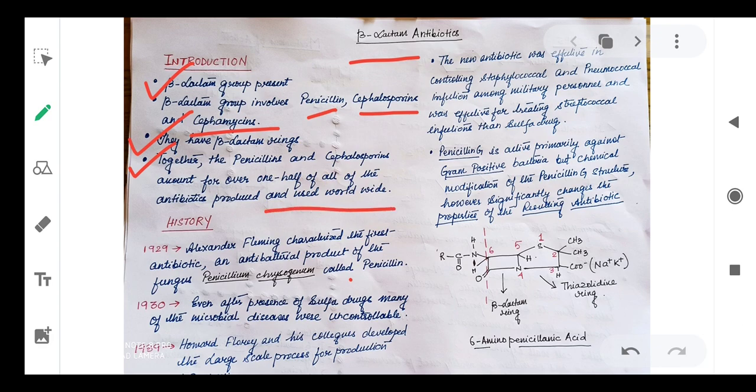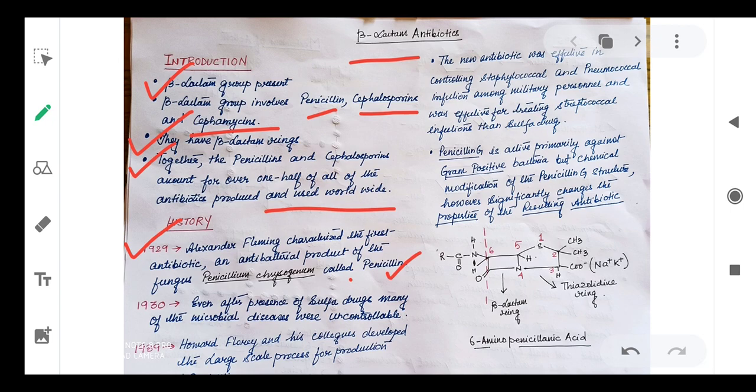So, moving on to the history of antibiotics. In 1929, Alexander Fleming characterized this antibiotic as an antibacterial product of the fungus Penicillium chrysogenum, called penicillin. He was working with Staphylococcus aureus, when all of a sudden he saw a contamination of green mold.